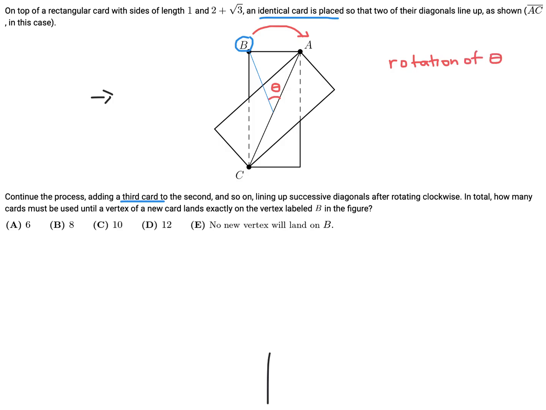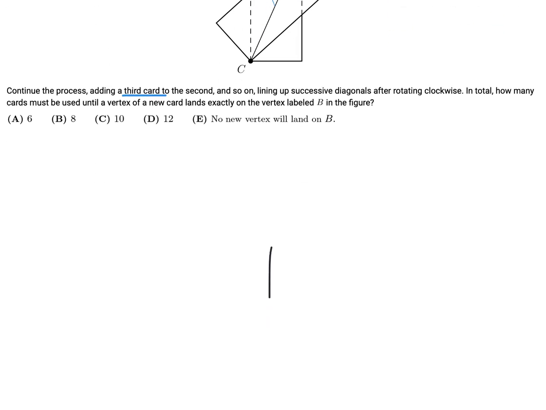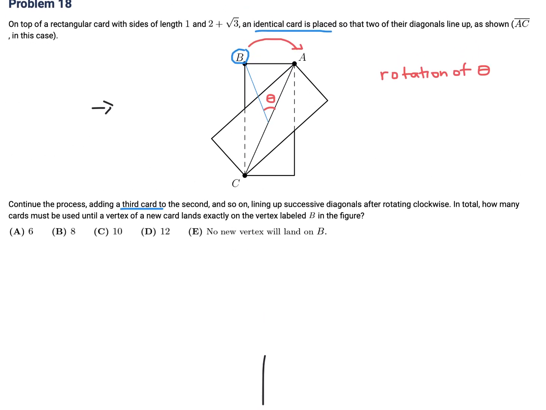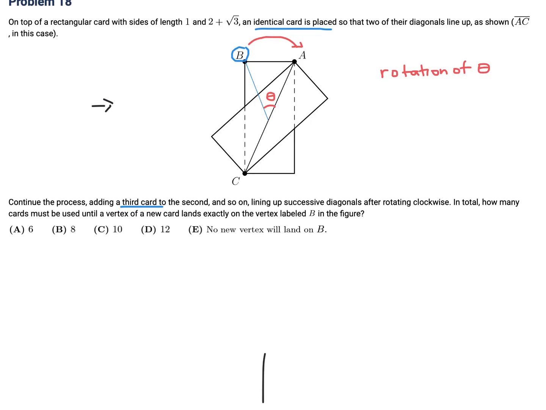Now let me read the question again. How many cards must be used until a vertex of a new card lands exactly on the same vertex labeled B in the figure? Okay, I got it. Basically what they're saying is how many times do you have to rotate before the card ends up not necessarily back in its original position, but just a vertex.